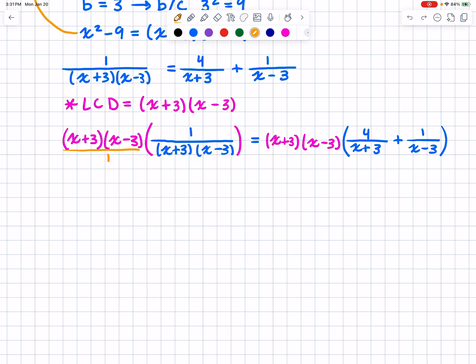So that would eliminate them, and we would just reduce to 1 here. So then we're going to get 1 equals, now on the right-hand side, I'm going to want to distribute, just like we did in previous problems. I'm going to want to distribute to here, and then distribute to here. So what does that look like?